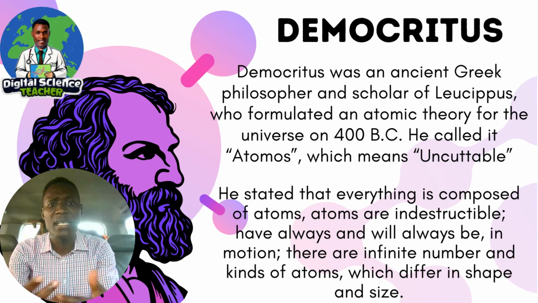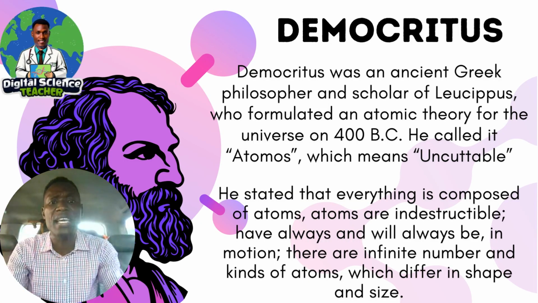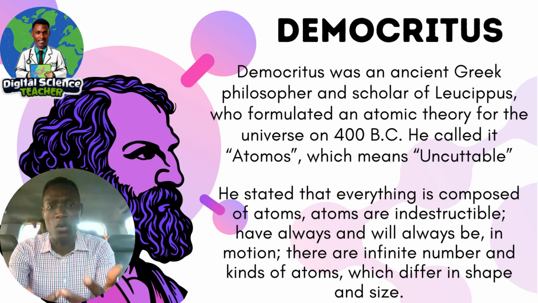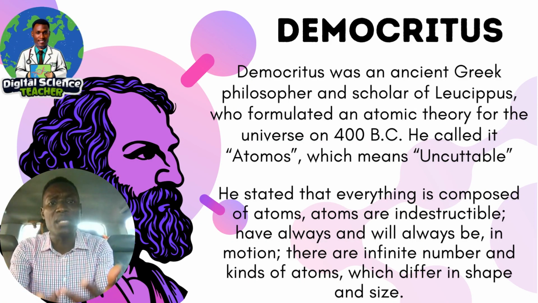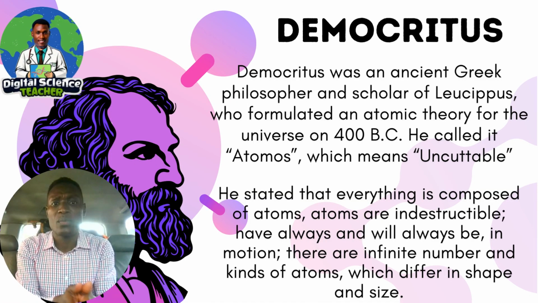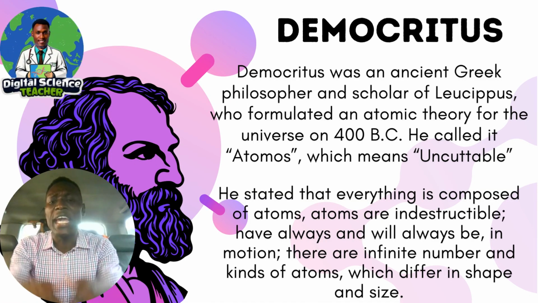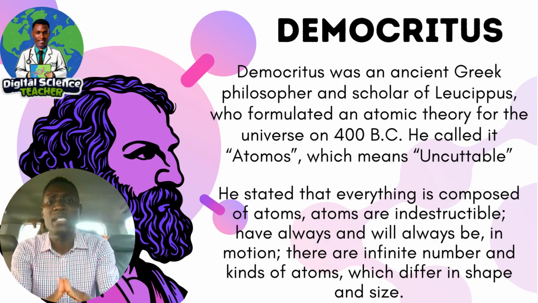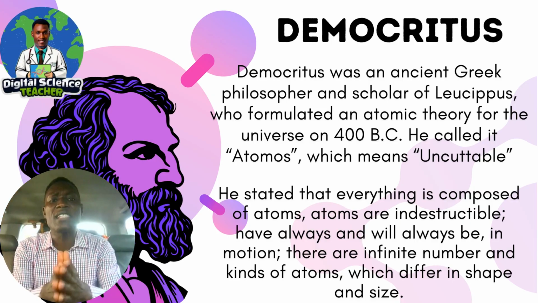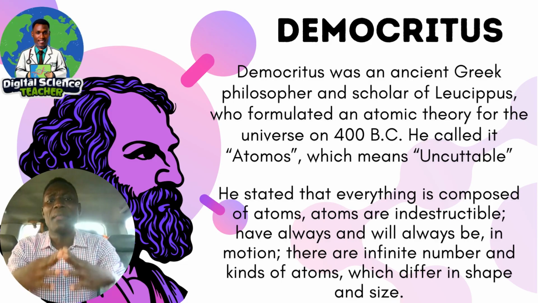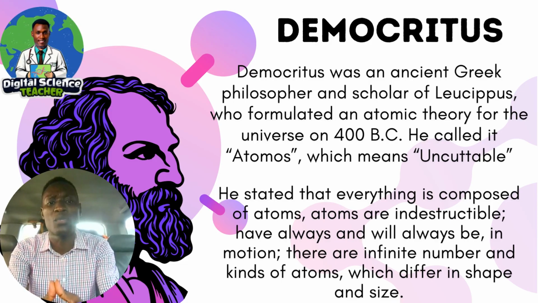Now, he stated that everything is composed of atoms. So he said atoms are indestructible and also have and will always be in motion. He also said that there are infinite numbers and there are different kinds of atoms which differ in shape, sizes, and structure.